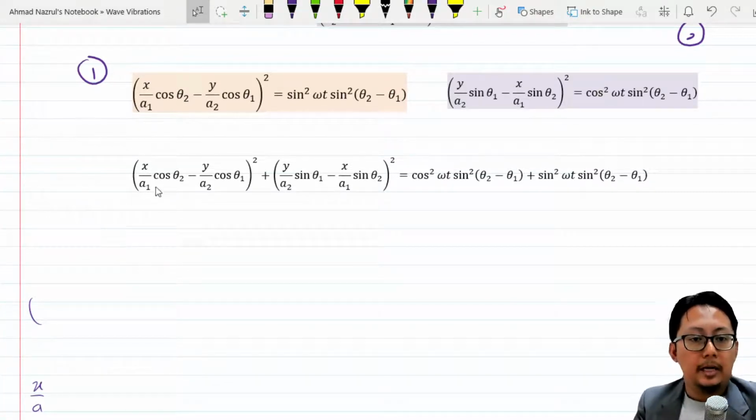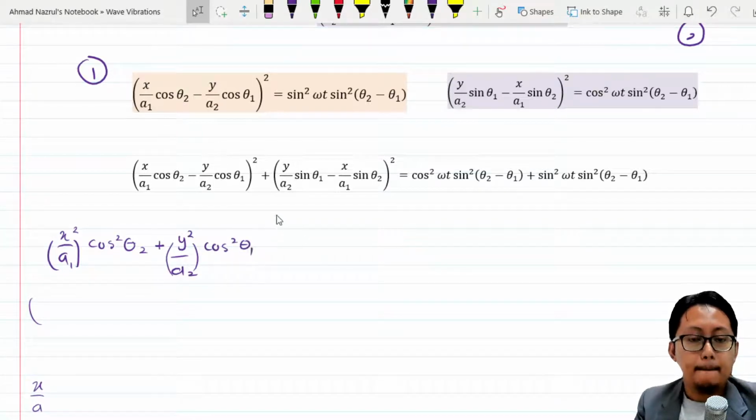So we have here x square over a1 square cos square theta 2 plus y square over a2 square, power of 2 both of them, cos square theta 1, minus 2xy over a1 a2 cos theta 1 cos theta 2.